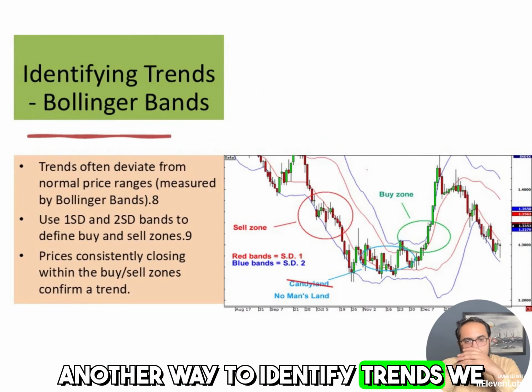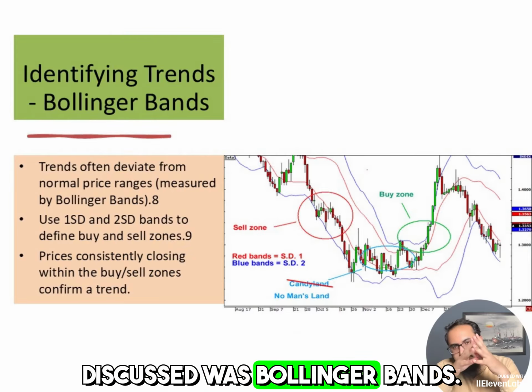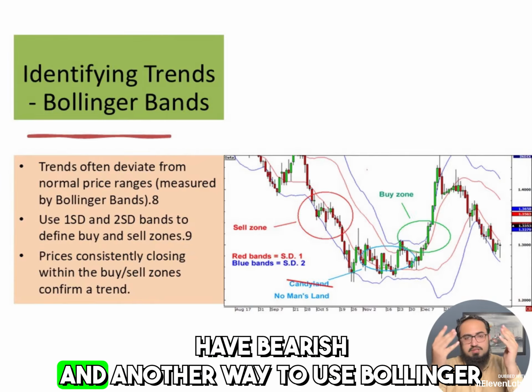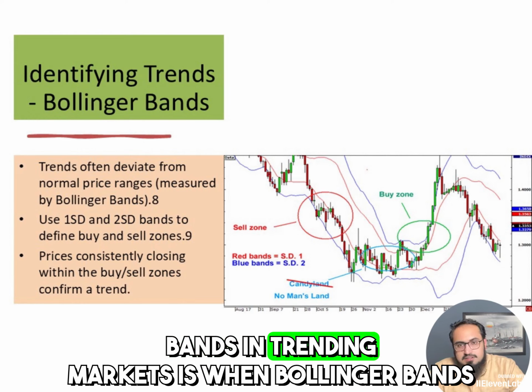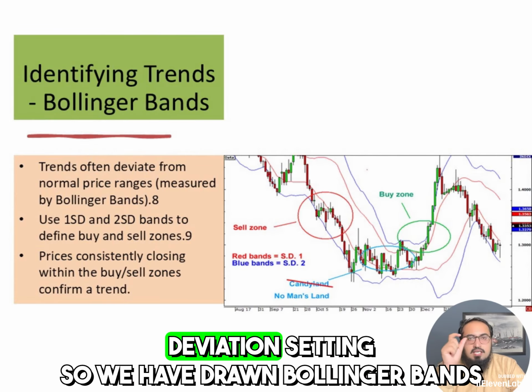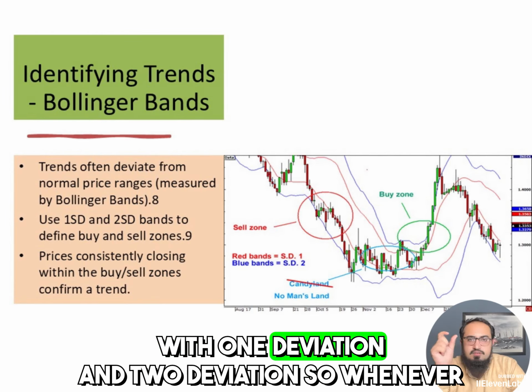Another way to identify trend we discussed was Bollinger Bands. When we stay below the middle line in Bollinger Bands, it is considered bearish, and bullish if it is above. And another way we can use Bollinger Bands in a trending market is simple. Draw two Bollinger Bands, one with a 1 deviation setting and another with a 2 deviation setting.